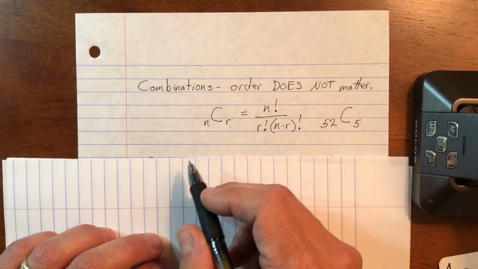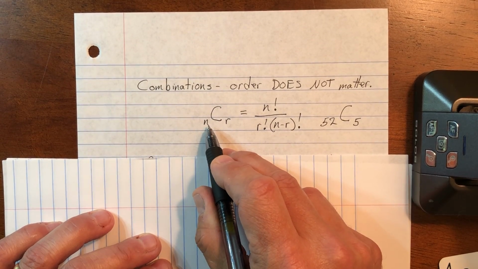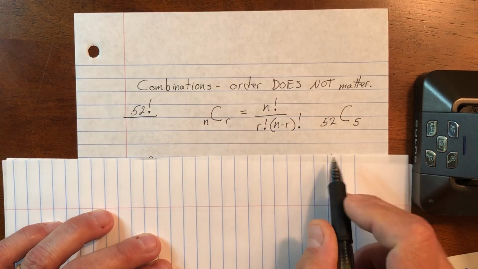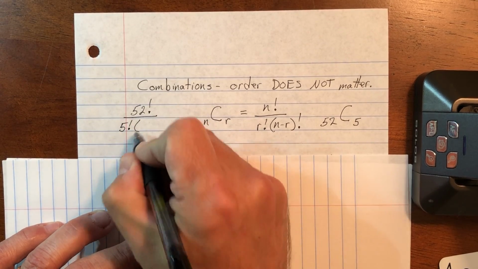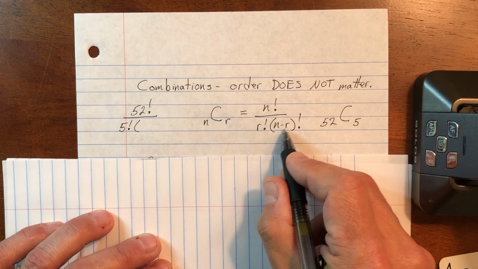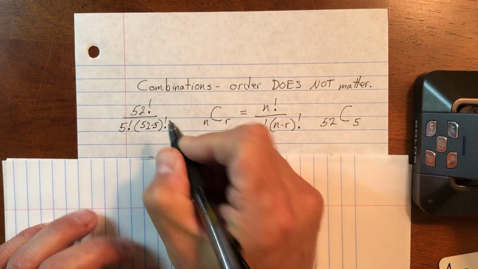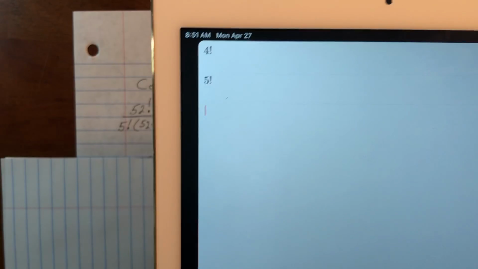So let's figure that out over here. That would be, let's see, n is 52. So that's 52 factorial divided by 5 factorial times 52 minus 5 factorial. So I'm going to type all that into my calculator, and we'll see what we get.